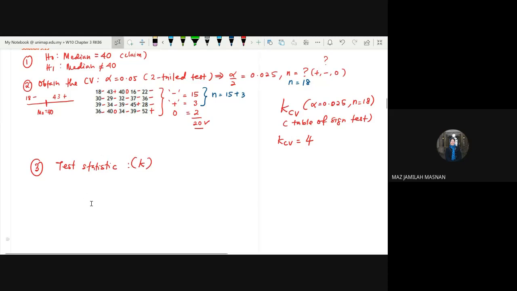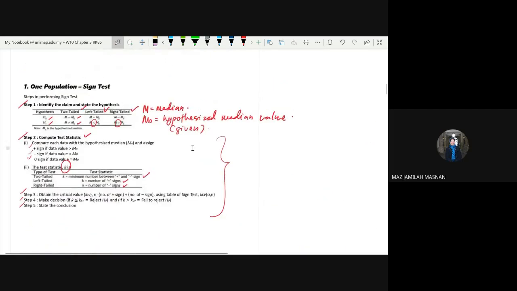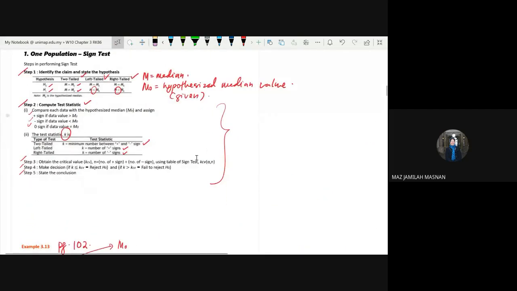From this, you know the negative sign count is 15 and the positive sign count is 3. Now look at the step. Obtain the critical value, which has been done. For the test statistic, for a two-tailed test, K is the minimum number between the plus and minus signs. We use this as our guideline.